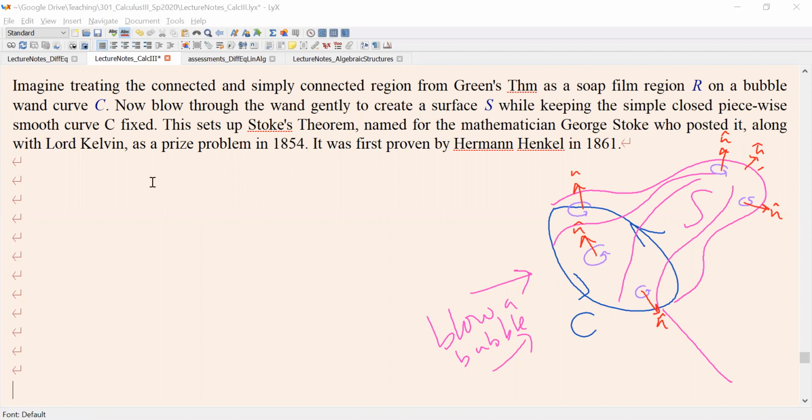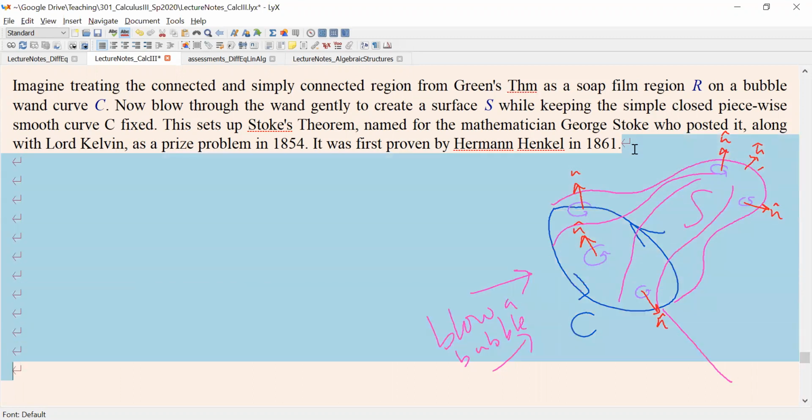And it wasn't until 6 years later that someone was able to prove it, Hermann Hankel. So there you go. If you find a hard enough math problem and give other people money to solve it, you can have your name on it too, I suppose.